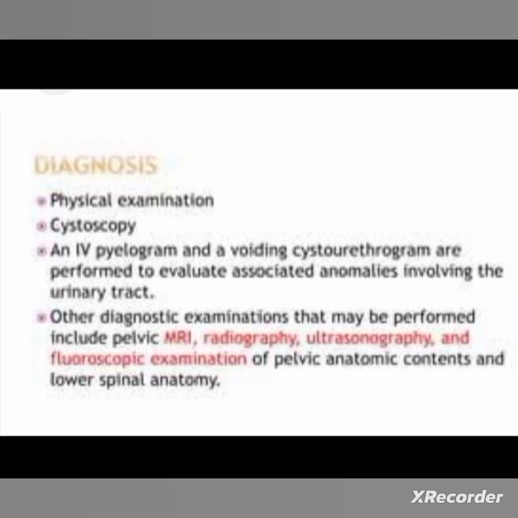Other diagnostic examinations include pelvic MRI, radiography, ultrasonography, and fluoroscopic examination in order to identify the pelvic anatomic contents and lower spinal anatomy. So the main diagnosis is physical examination.